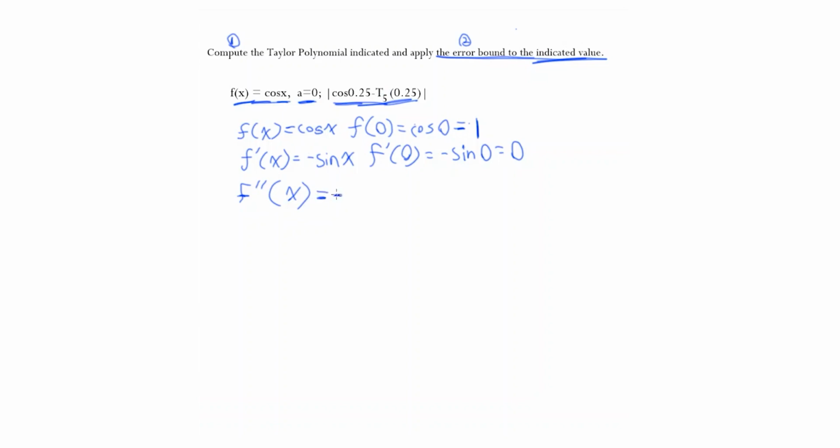The derivative of sine is cosine, so negative cosine x. Plug in 0 once again. Negative cosine of 0 is just negative 1. Third derivative: the derivative of cosine x is negative sine of x. Plug in 0.